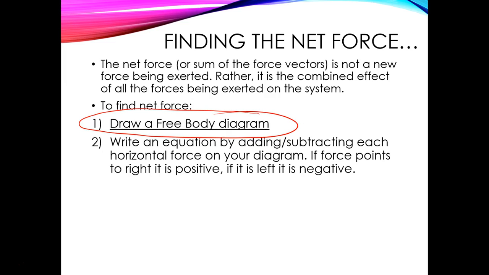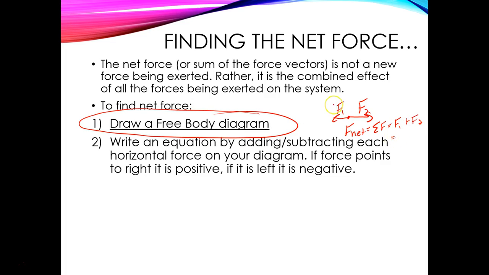You're going to want to write an equation by adding or subtracting each of the horizontal forces in your diagram. If the force points to the right, it's positive. If it points to the left, it's negative. So let's say our free body diagram looks like this, where it's F1 and F2. Our F net is equal to the sum of the forces, which would be F1 plus F2.